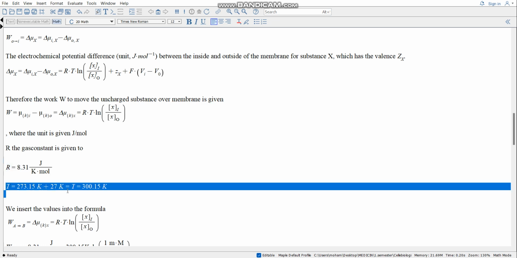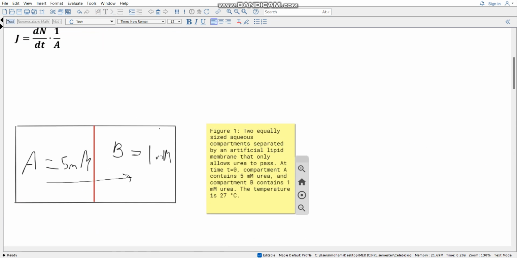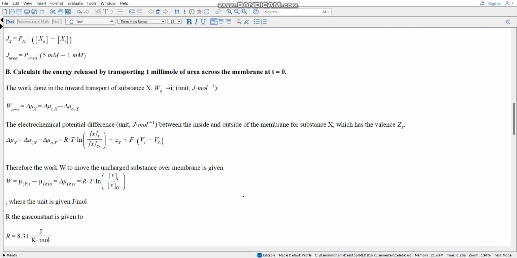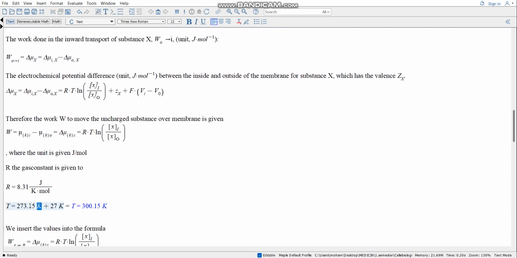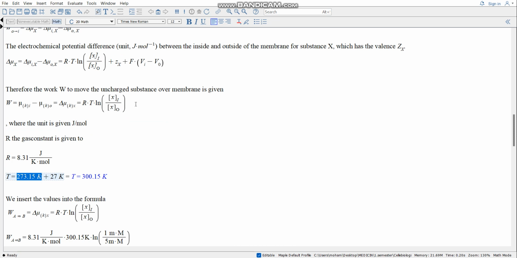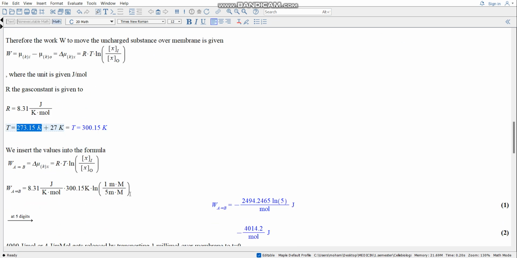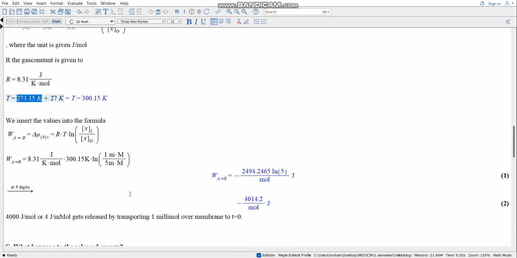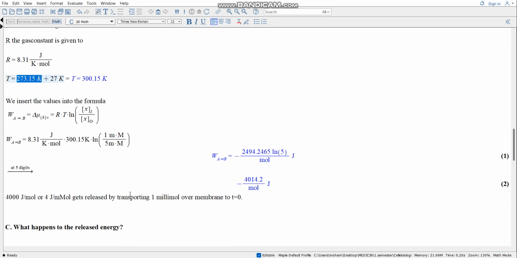The temperature is 27 Celsius degrees, so you simply add 273.15, and that gives you the temperature in Kelvin. We insert the values into the formula, and we quickly find the result, which is 4,000 joules per mole, or 4 joules per millimole, which gets released.